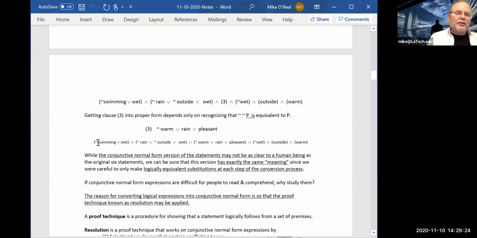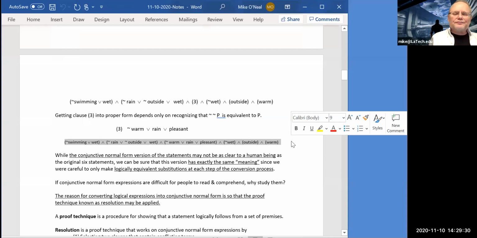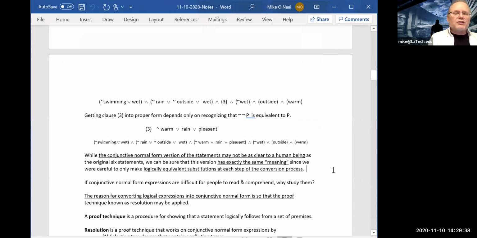But this thing that we've got here now encapsulates in one logical statement all 6 of the original statements that we were trying to make, okay? And so now what we've done is we've converted this into conjunctive normal form.